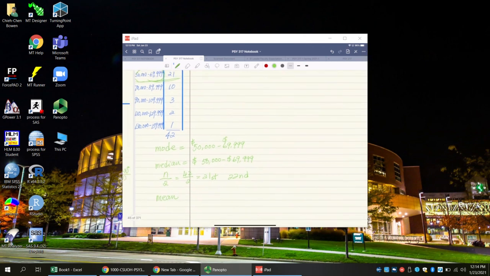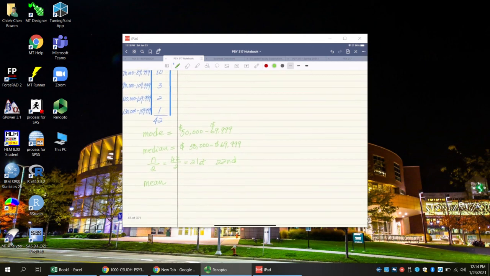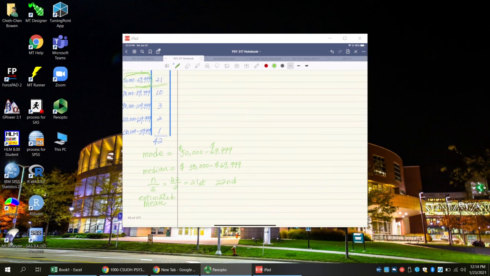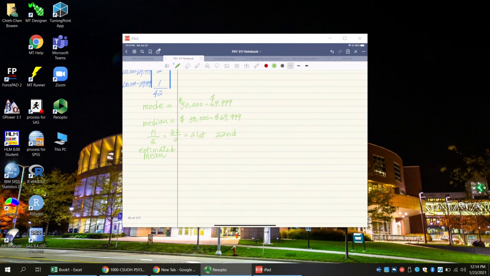So all we can do is an estimated mean. The estimation is going to start with finding the midpoint for the interval.